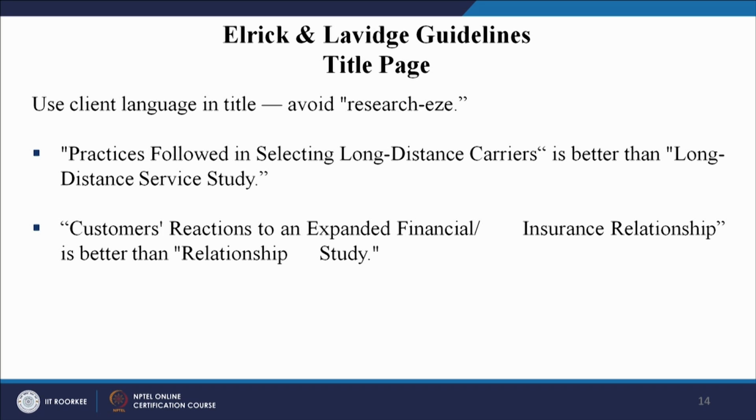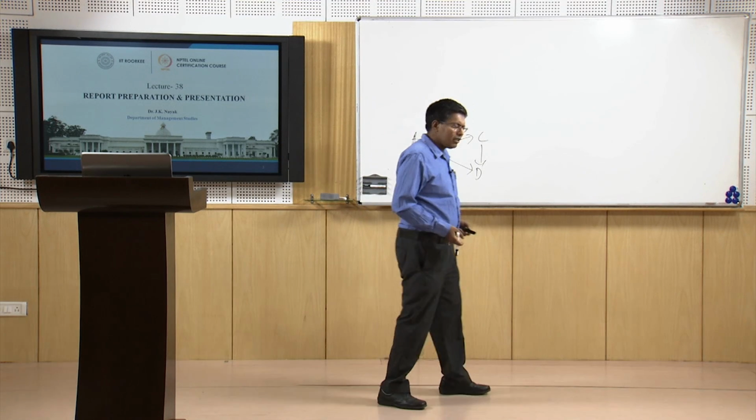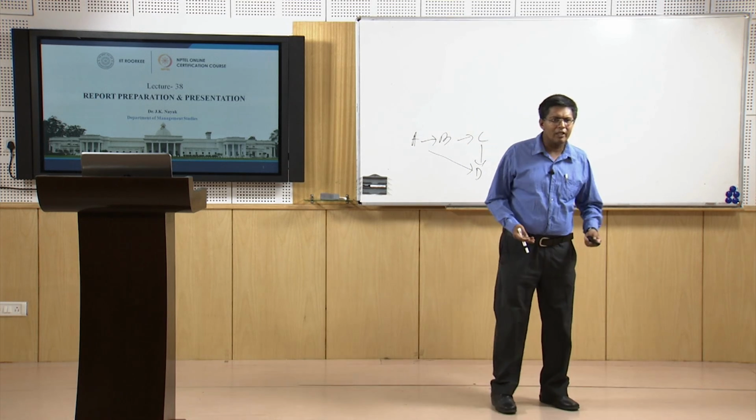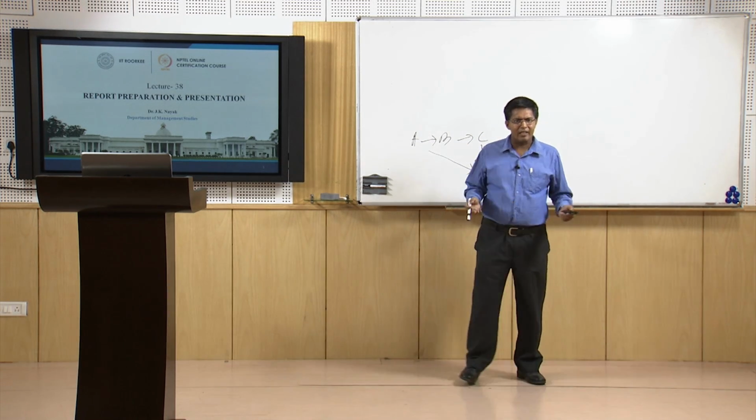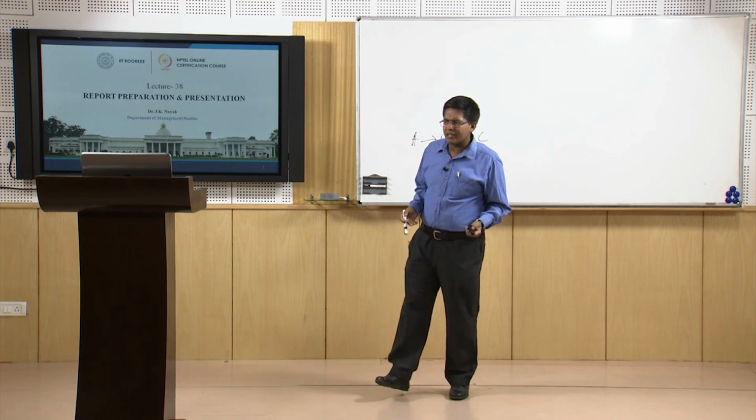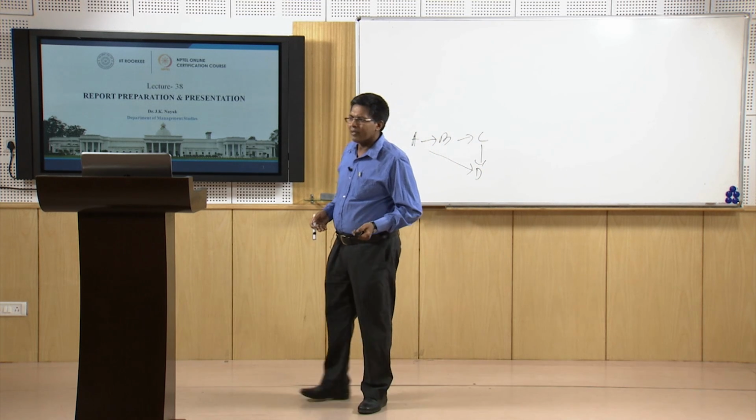So, if your title page is clumsy, is not very clear, then your study would get a little lower value, right. Similarly, customer reactions to an expanded financial insurance relationship is better than relationship study, because if you say only relationship study, it does not mean what relationship you are talking about. Rather it has to be more clear: insurance relationship, financial relationship, what are you talking about, okay.